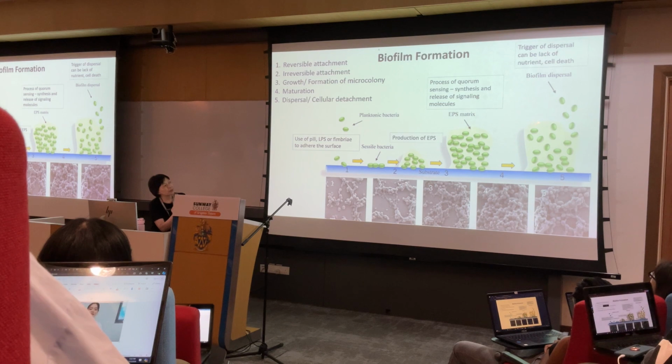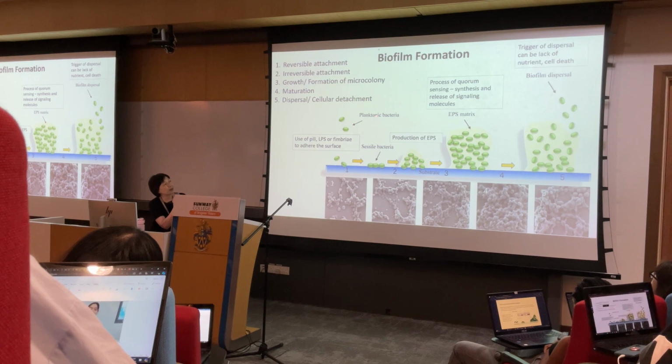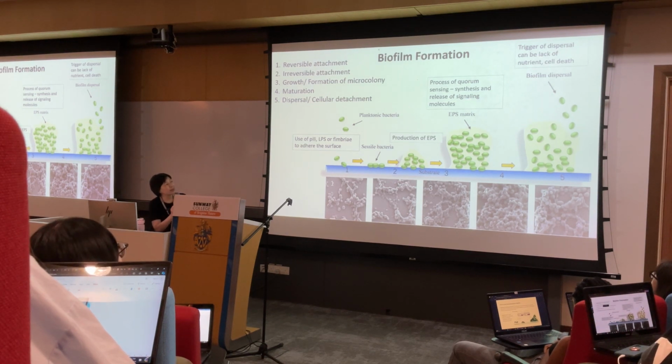So at one point, there is a dispersal, meaning that some cells start to detach, coming out from the biofilm. And then those cells become planktonic bacteria again. When they come to an environment which has nutrients or somehow a better environment, they can attach again. So the development of biofilm is actually going in a cycle like this.